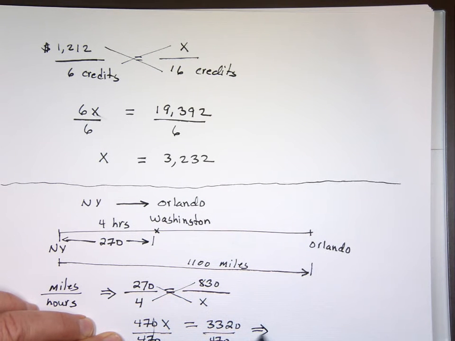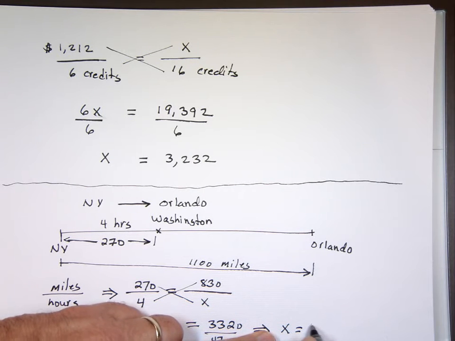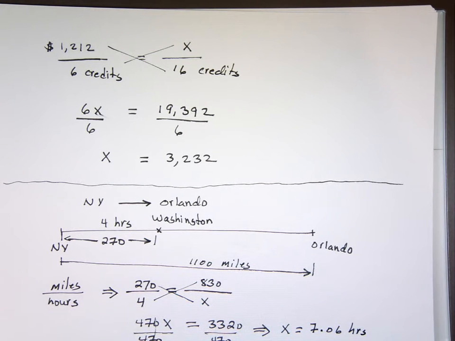X equals what? You have 7, well, you're cruising there. 7.06 hours. So your trip all the way from New York to Orlando is going to be how many hours altogether? 11 hours.